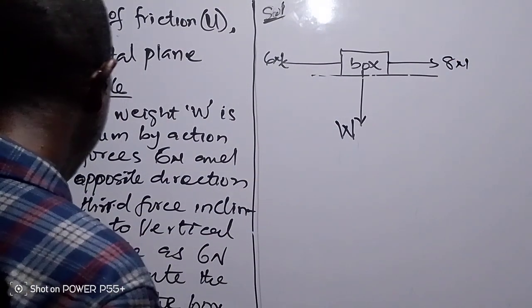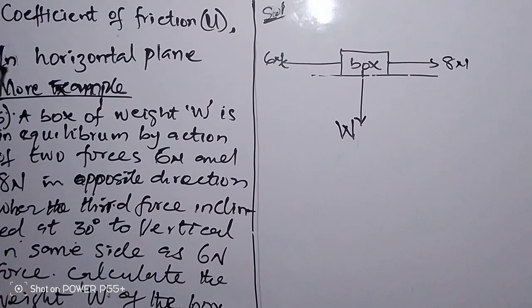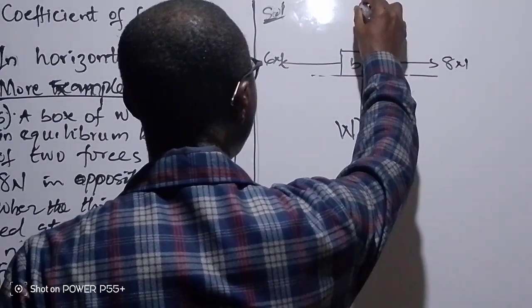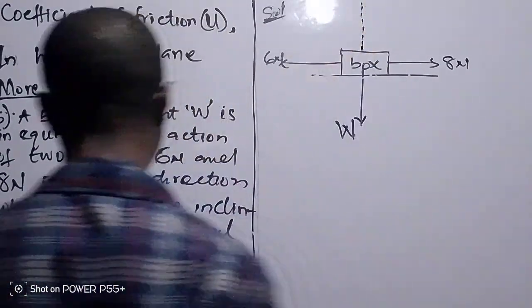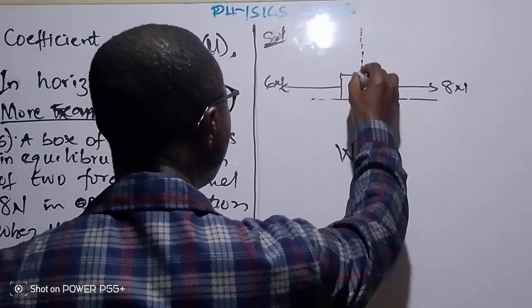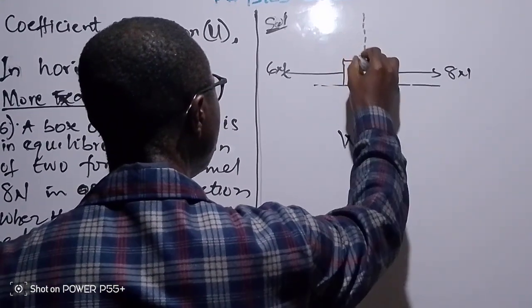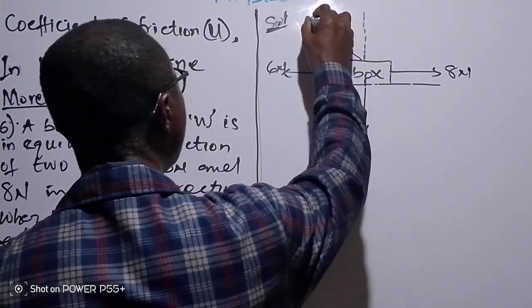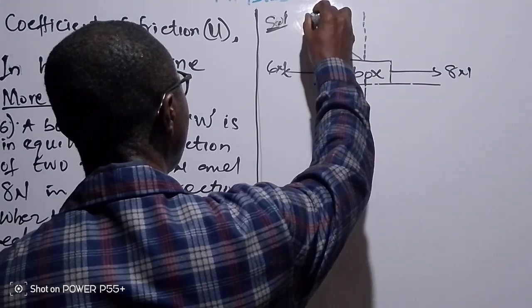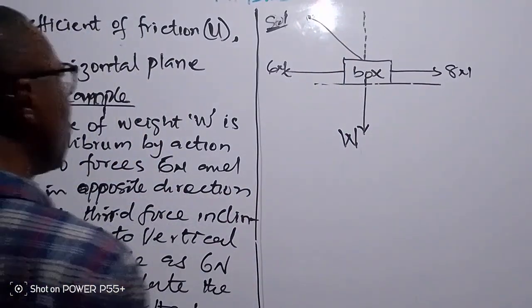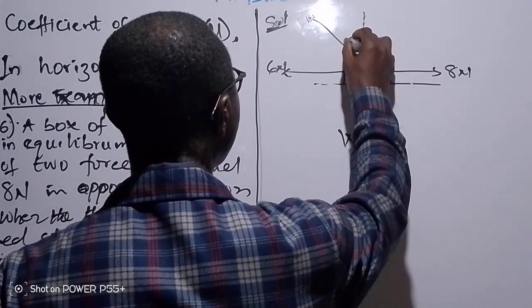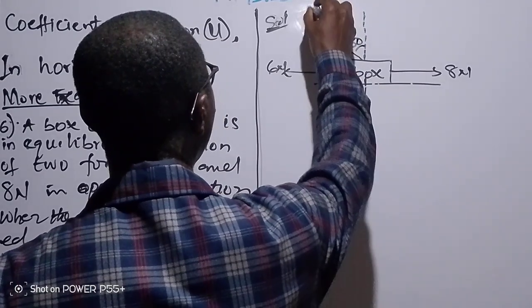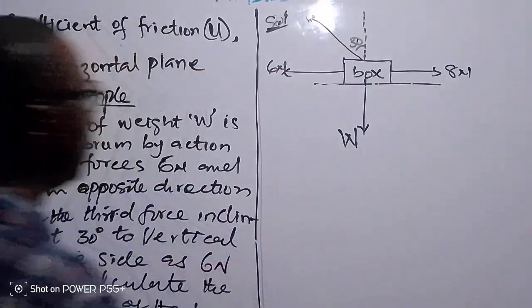And another force, which is not known, is acting at an angle of 30 degrees to the vertical. Let's say this is the force. That's the third force, 30 degrees to the vertical. Let's call it F.